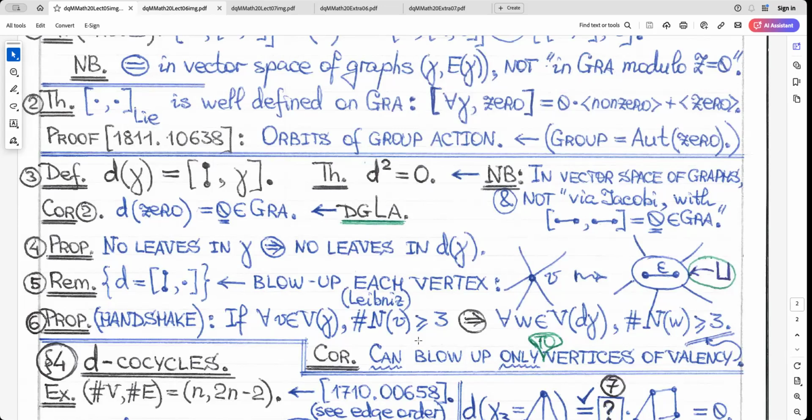That is, all the resulting vertices still will have valency at least 3 or higher. So it was very difficult to read the seminal papers by Kontsevich and by Willwacher in the Annals and in the Inventiones, because they assume this understood in passing, and they blow up effectively only vertices of valency 3 or higher, because all the vertices with valency 2 will cancel.